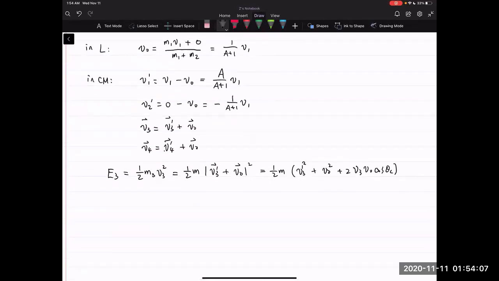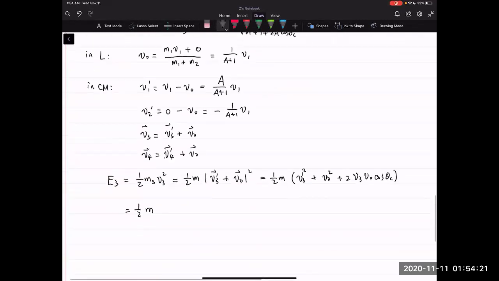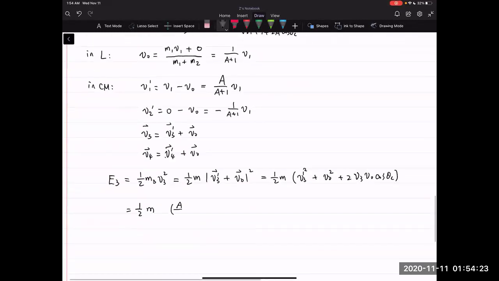Okay, let's keep doing this calculation. So this is 1/2 M. What is V3 prime? V3 prime is the same as V1 prime, so that's just A over A plus 1 V1 squared.